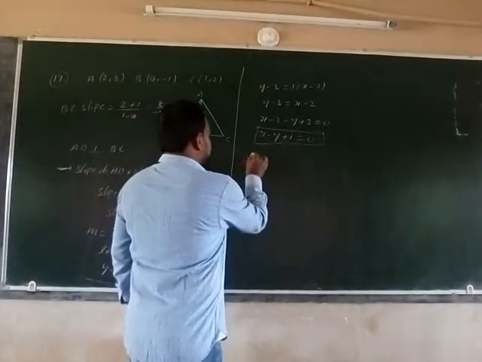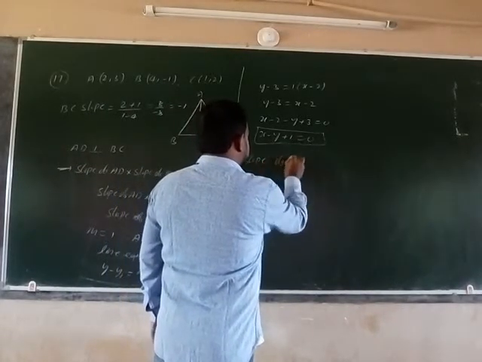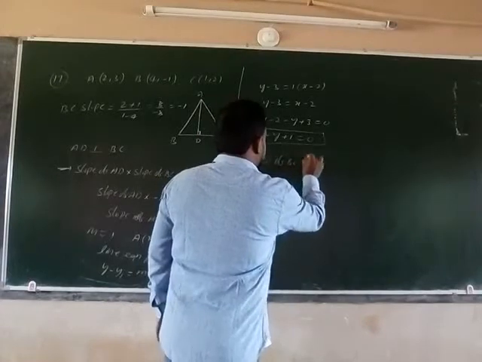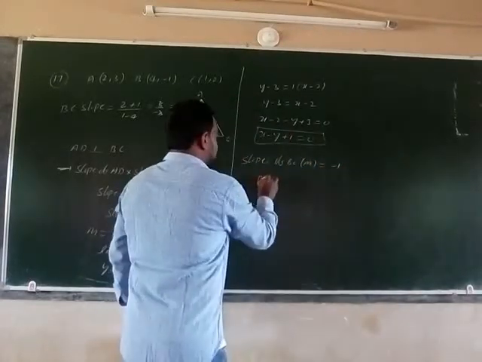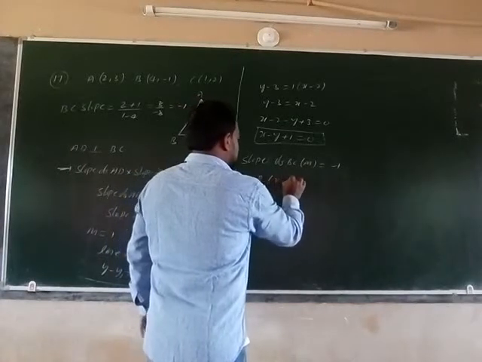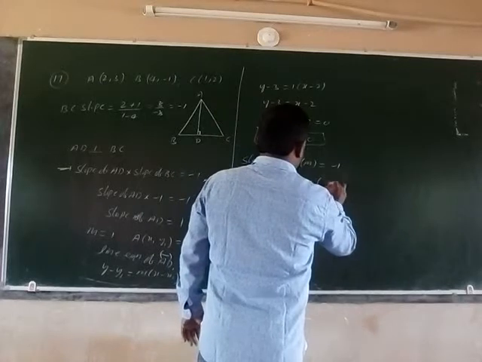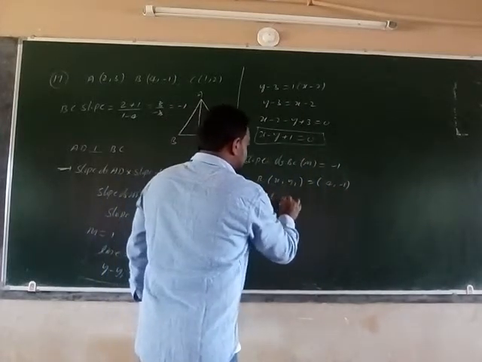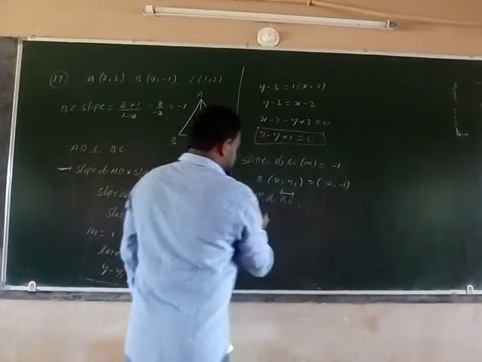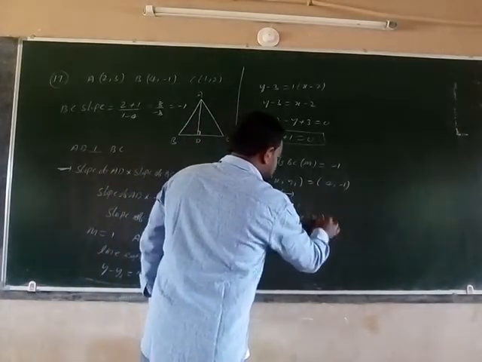Now, slope of BC, m is equal to minus 1, and here I am taking the B coordinates as x1, y1, so that is 4, minus 1. Now the equation of BC: y minus y1 is equal to m into x minus x1.